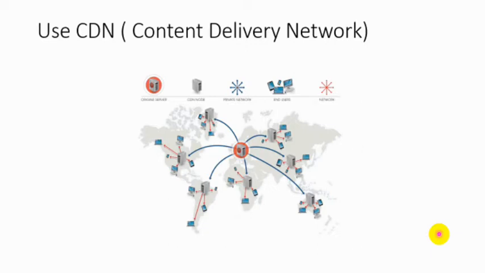Similarly, if an Australian, Canadian or Singaporean user requests data, the nearest server provides it. For this reason, the main server is lighter and faster than before.